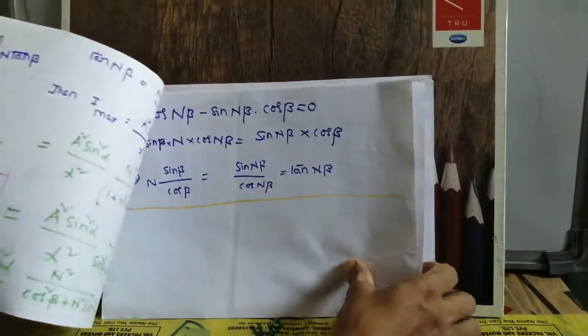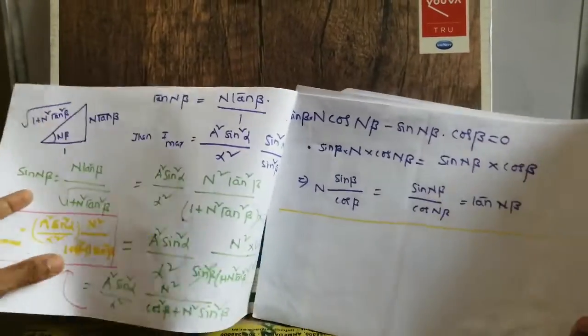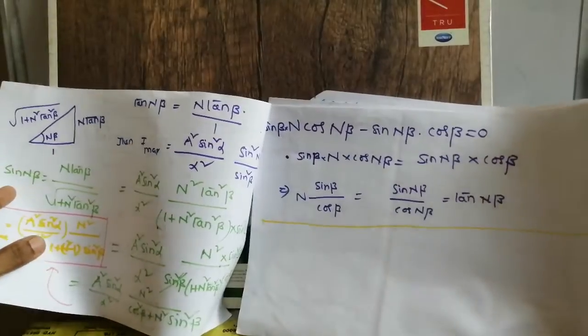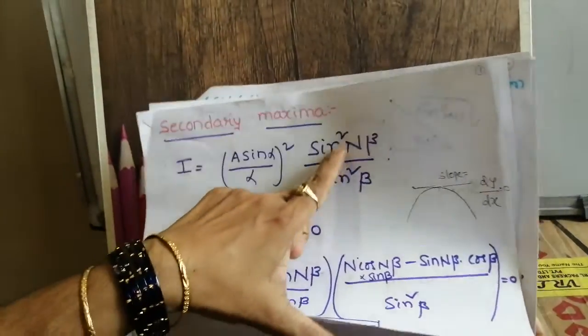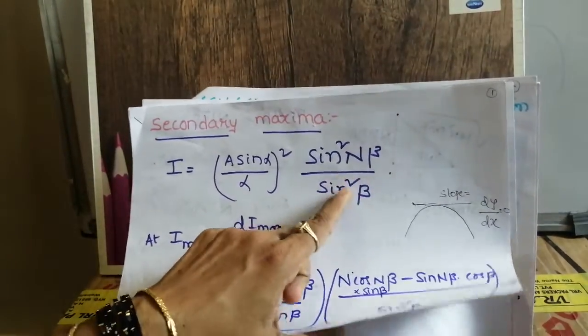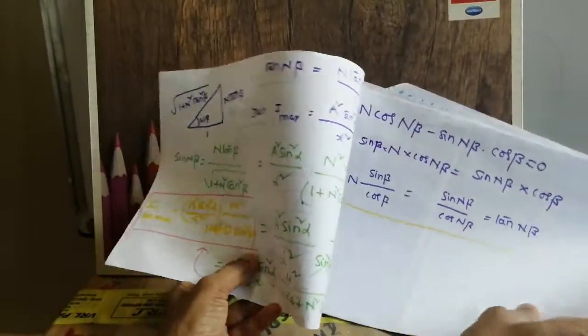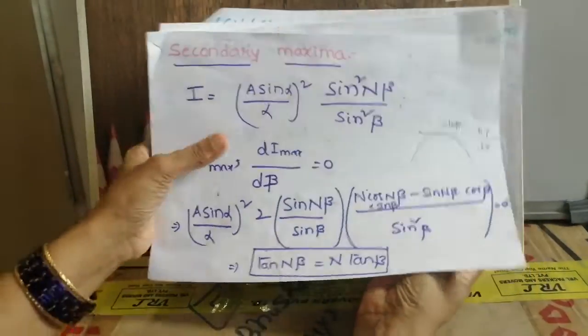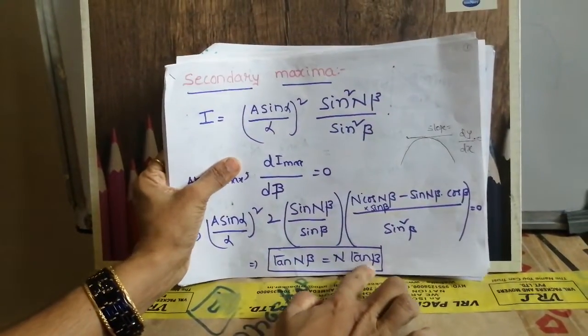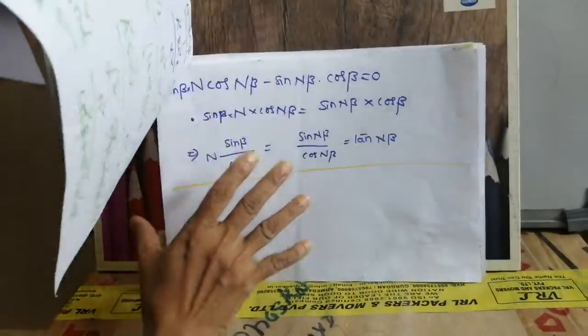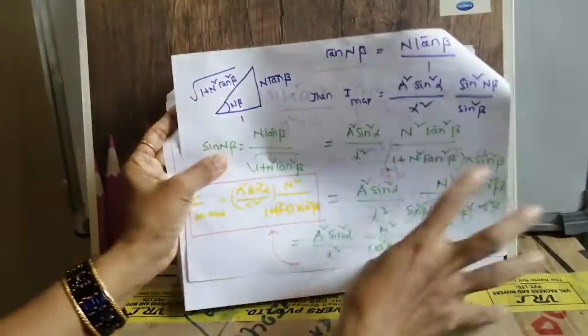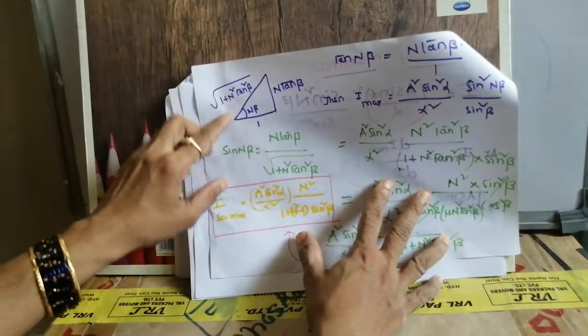But to know the intensity at the secondary maxima, we have to know sin square n beta by sin square beta. So we have to know sin n beta. We already know that tan n beta equal to n tan beta. So let us draw the right angle triangle.